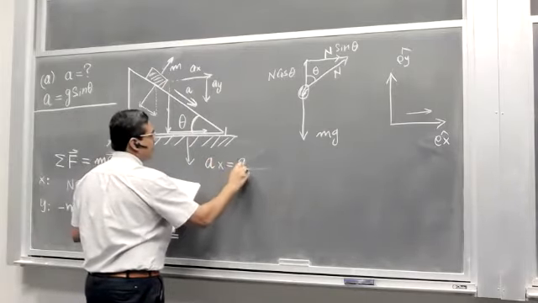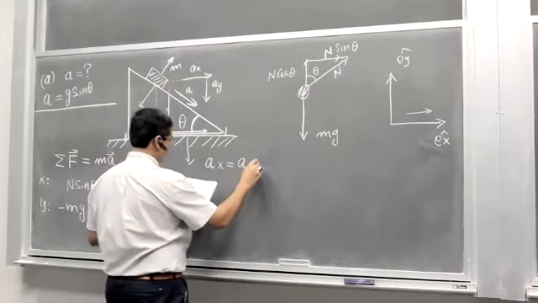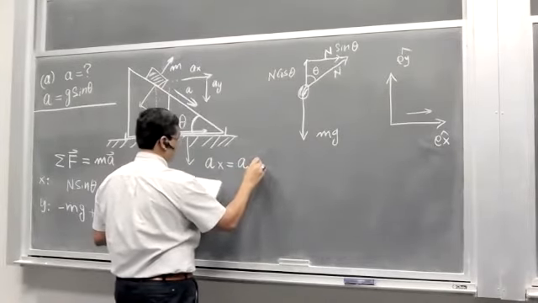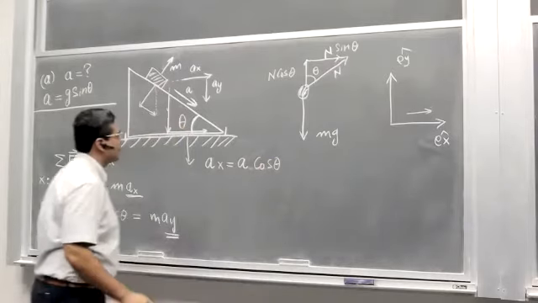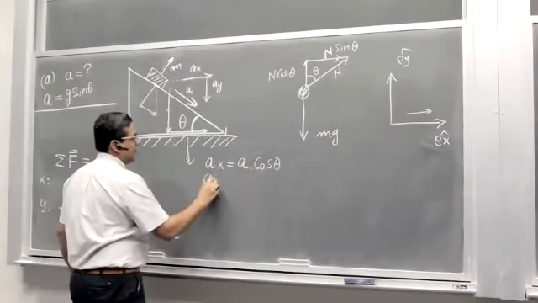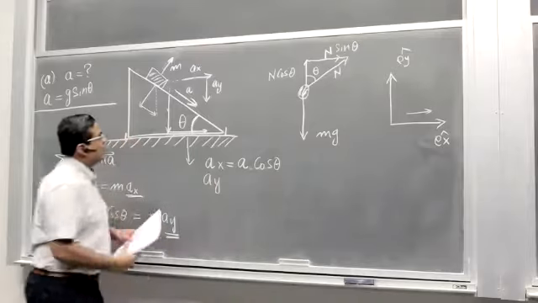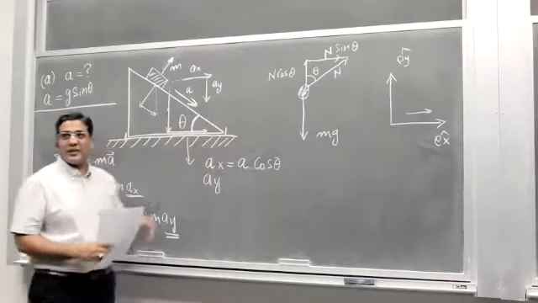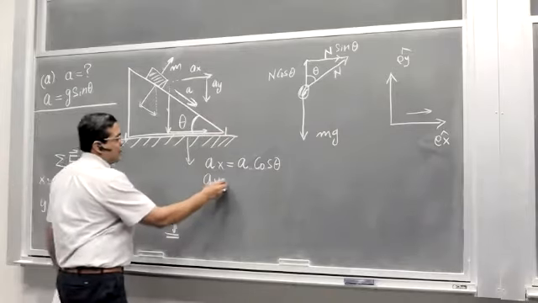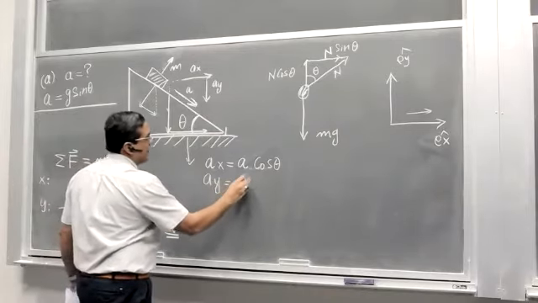So the x component of the acceleration would be A cosine theta, along the positive x-axis, and AY is negative A sine theta.